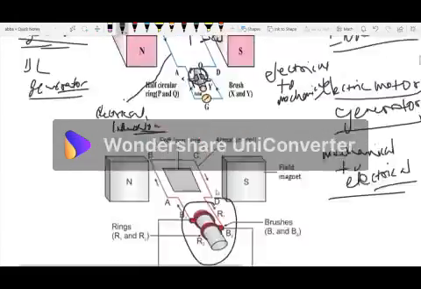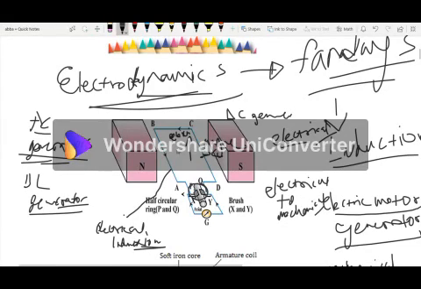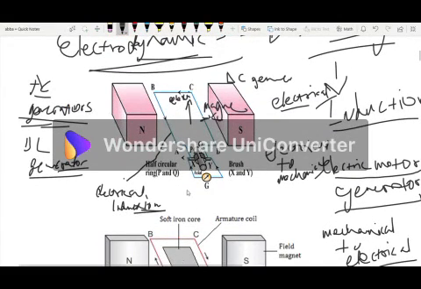With the alternating current, the current will move anti-clockwise, right? Why is that? Because with direct current, the current is too much.